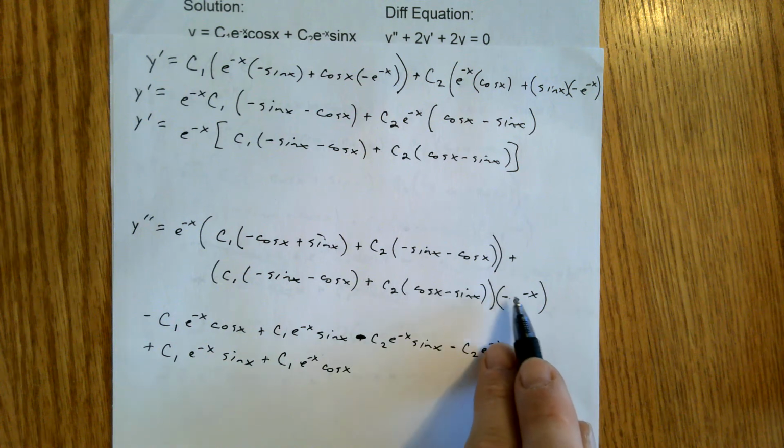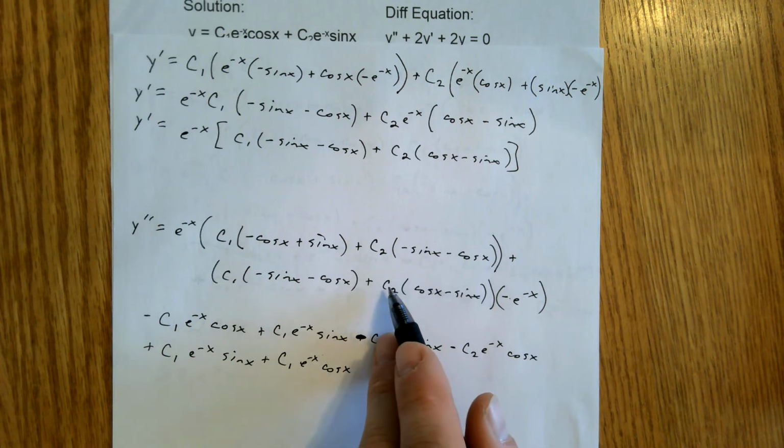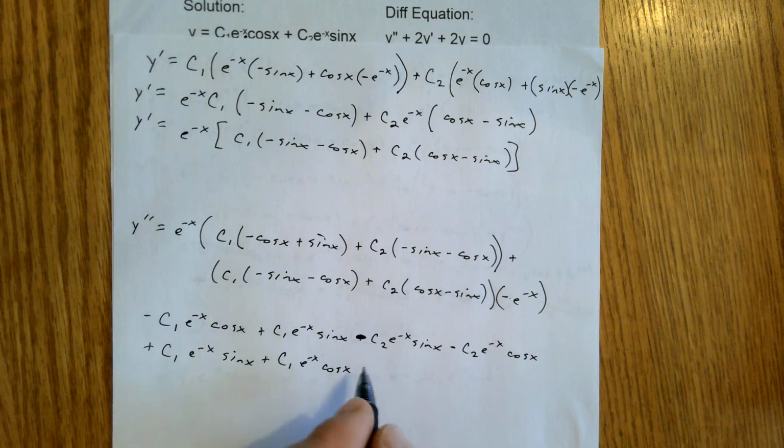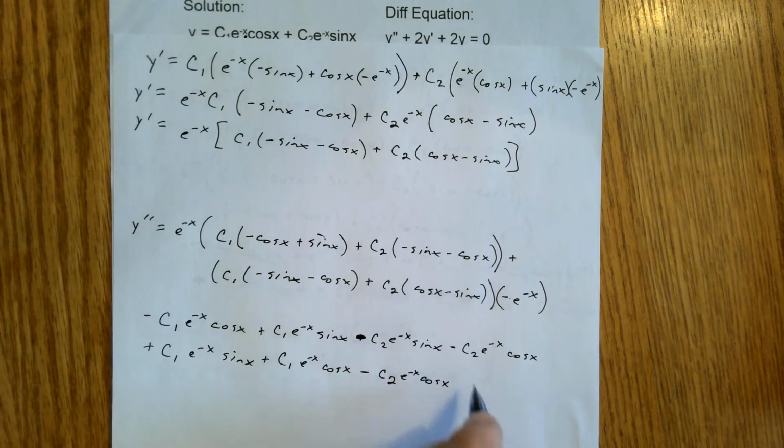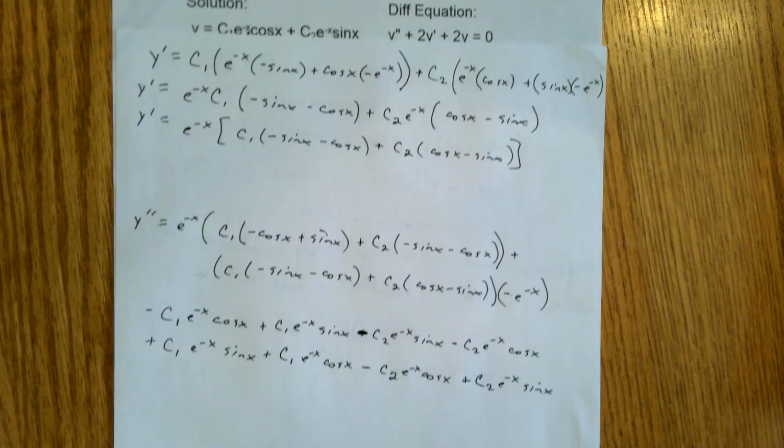And again, I'm going to multiply this negative e to the negative x to my c sub 2 and my cosine and sine. So that's going to give me a negative c sub 2 e to the negative x cosine of x plus c sub 2 e to the negative x times the sine of x.